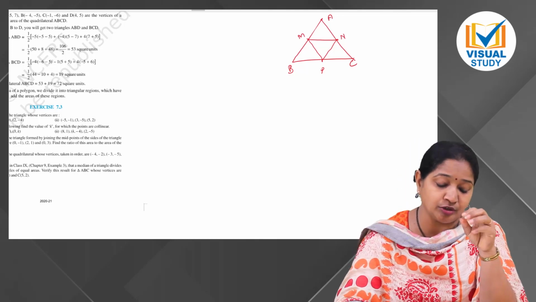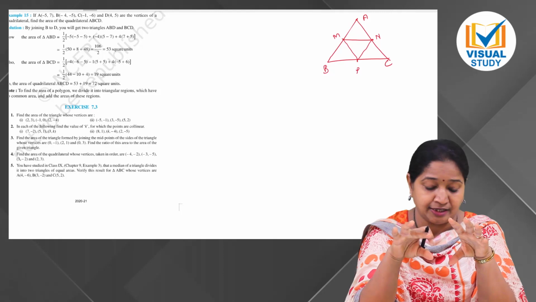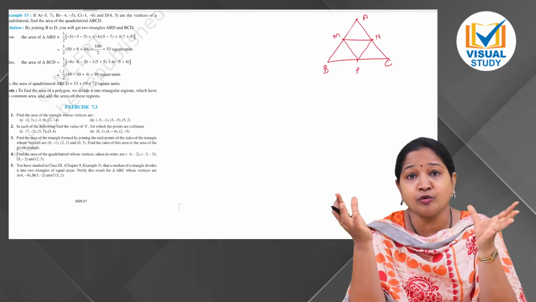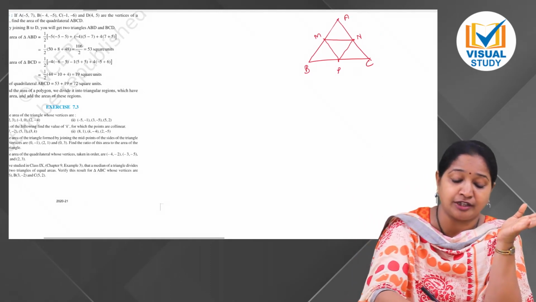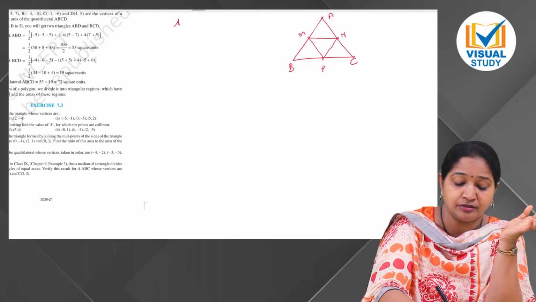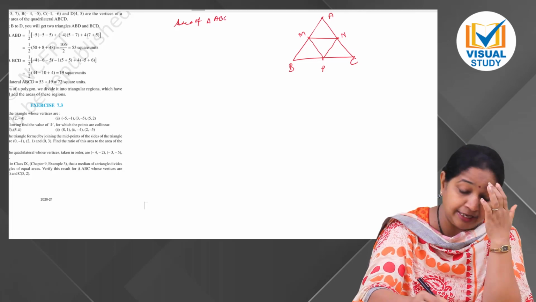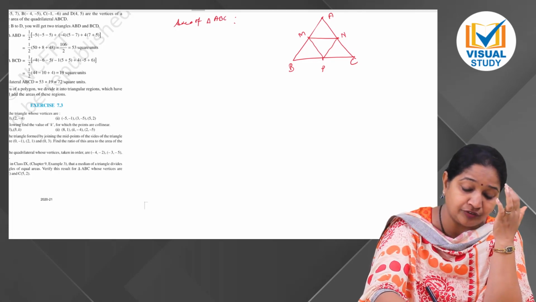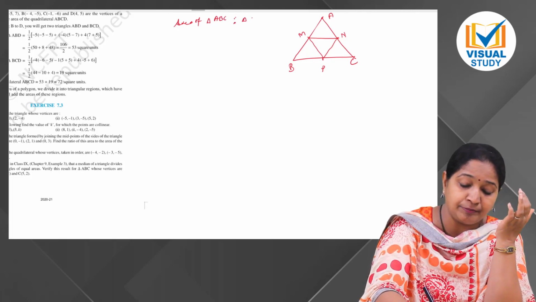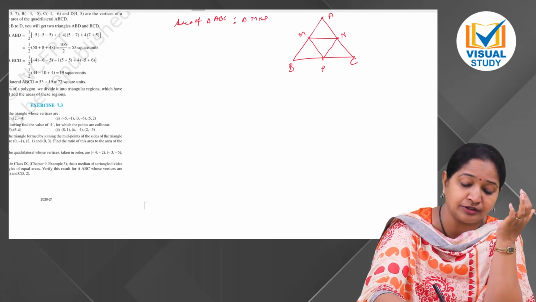So what you have to do is find the ratio of this area to the area of the original triangle. That means you have to find out the ratio of the area of triangle ABC to the area of triangle MNP. You have to find out this.